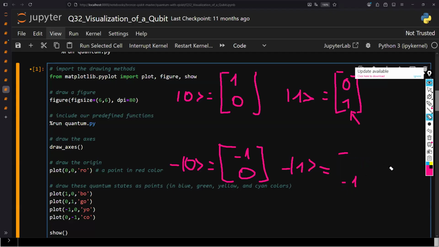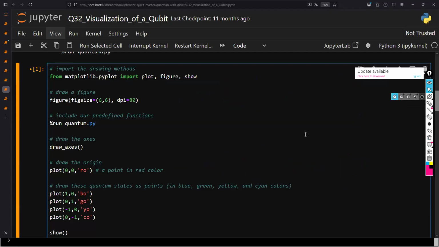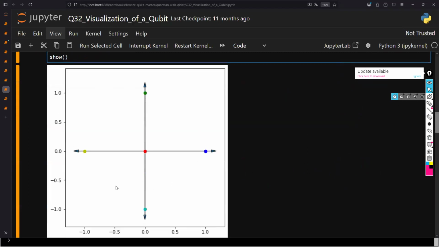However, we can express this entire system as a two-dimensional plane. So here, for example, could be our x-axis, so 0, x, 0. There could be our 0 and y.